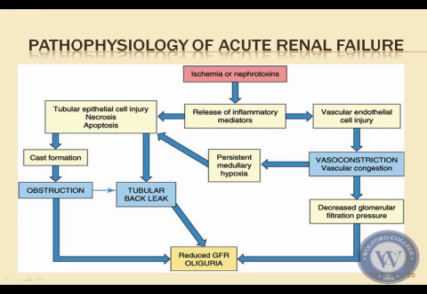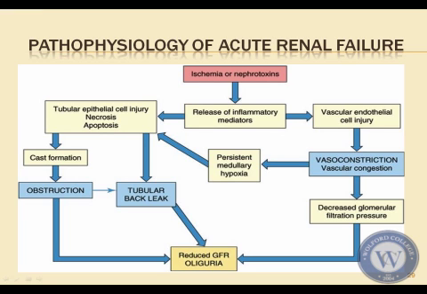The pathophysiology of acute renal failure begins with ischemia or nephrotoxins. They cause release of inflammatory mediators, which do two things. They cause vascular and endothelial cell injury, as well as tubular epithelial cell injury, including necrosis and apoptosis. Necrosis of these proximal tubular cells causes cast formation, which eventually leads to obstruction and a reduction in GFR.